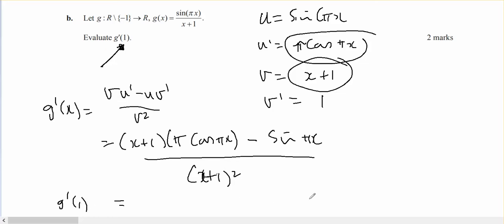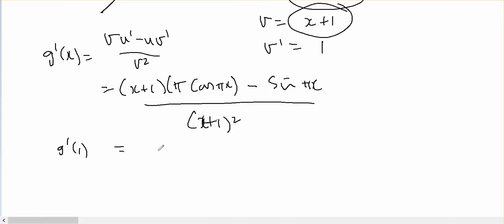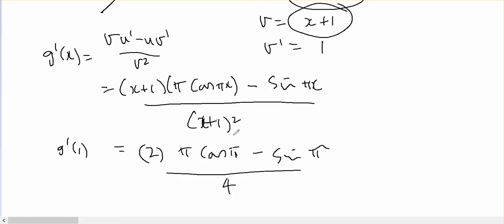Now subbing in the value of x equals 1, I'm going to have 2 times pi cos of pi minus sine of pi all over 4, 2 squared. Sine of pi is 0, cos of pi is negative 1, so it's going to give me minus 2 pi on 4 or minus pi on 2.